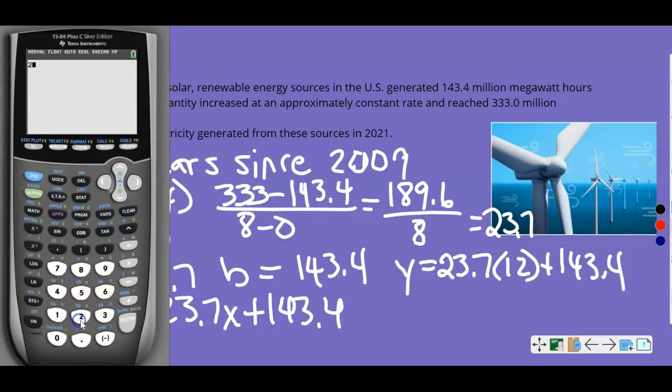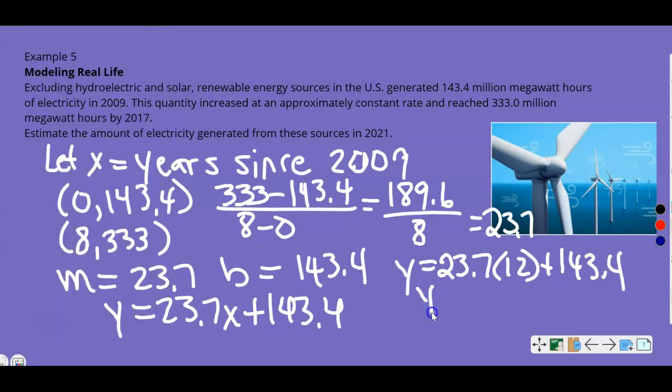So we've got 23.7 times 12, and then add 143.4. So 427.8. All right, and that would be in millions of megawatt hours.